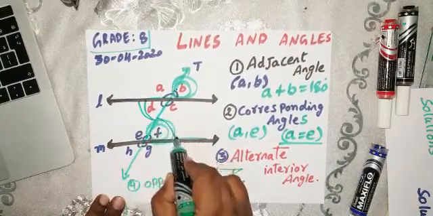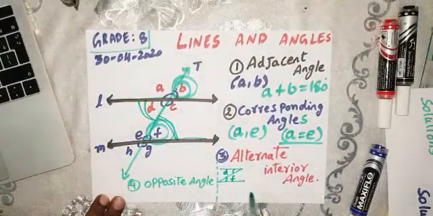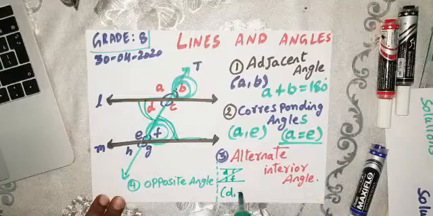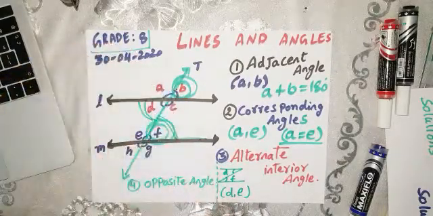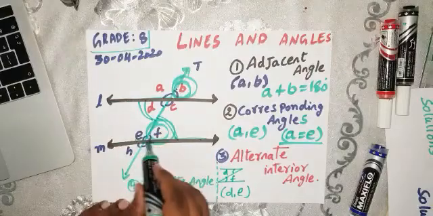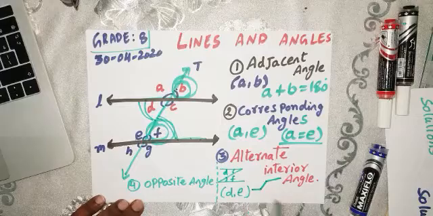D and F. So D and F are called alternate interior. Why are they called interior? Because they are inside the lines. So they are under the corners of the Z.